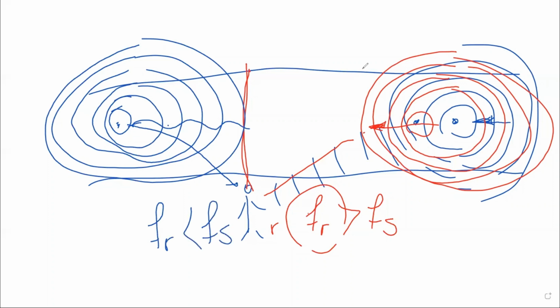But in reality, the frequency of the source is constant. Actually, it's the movement. When the source is getting closer to you and gets far from you, it causes some changes in frequency. So let me draw another figure.